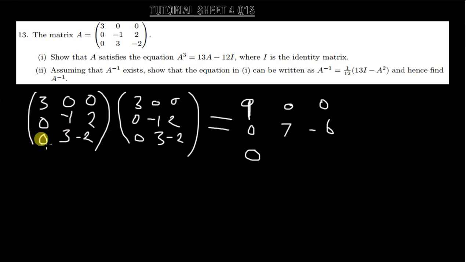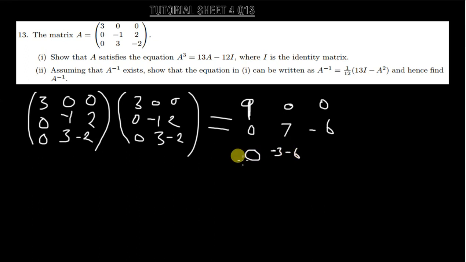Then I'm moving to the last row here. So there I'm going to have 0 times that 0, it will still give me a 0. 3 times negative 1, I'll get negative 3. And then I'll have this negative 2 times positive 3 there, I'm getting negative 6.